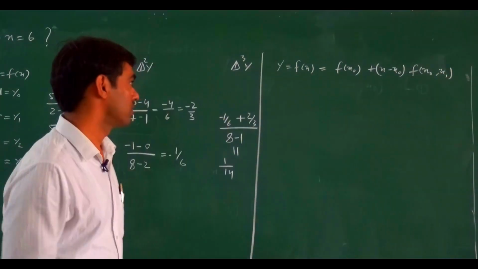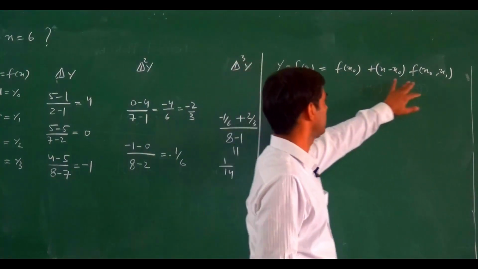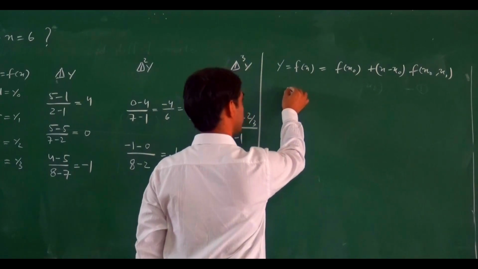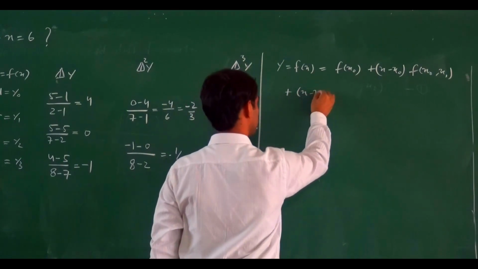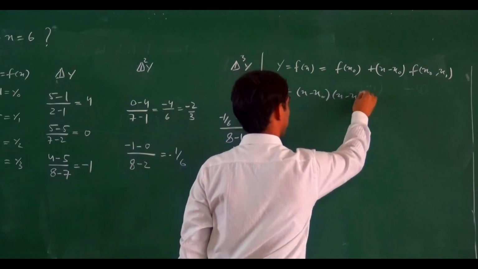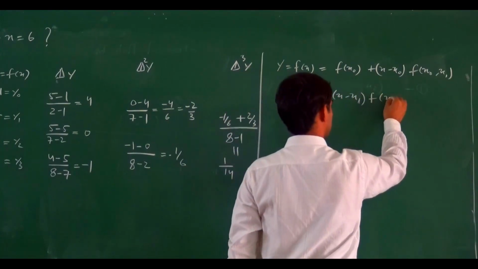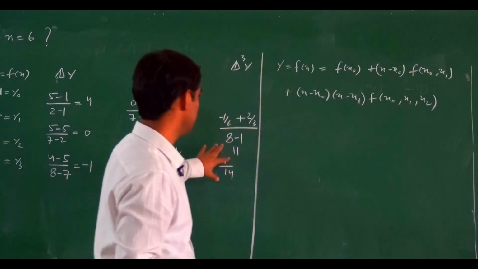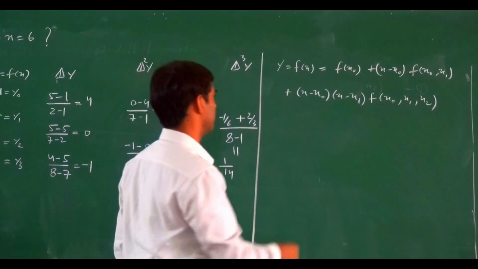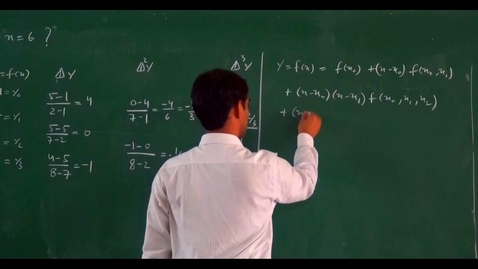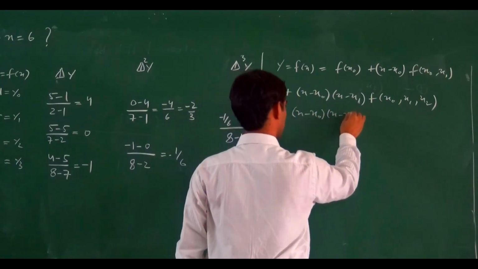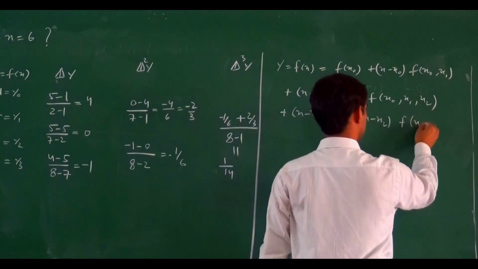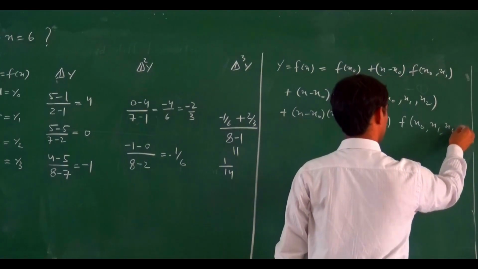In a similar manner, the next term is x minus x0, x minus x1 times f of x0, x1, x2, the second order divided difference. We also need the third order term: x minus x0, x minus x1 and x minus x2 times f of x0, x1, x2, x3.